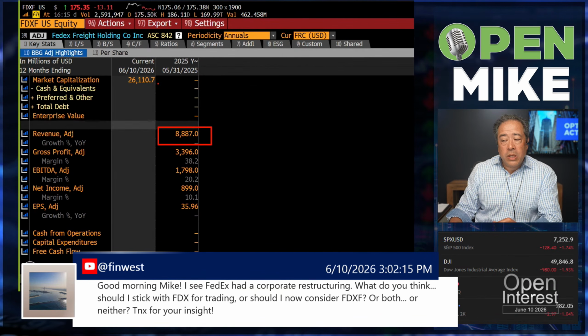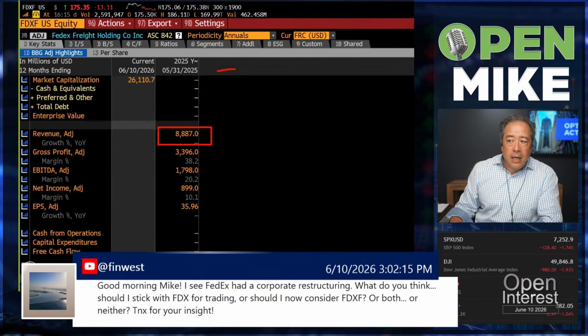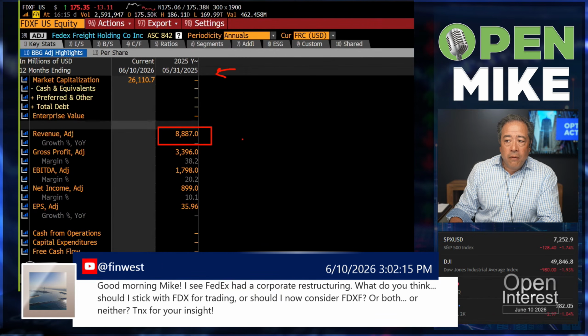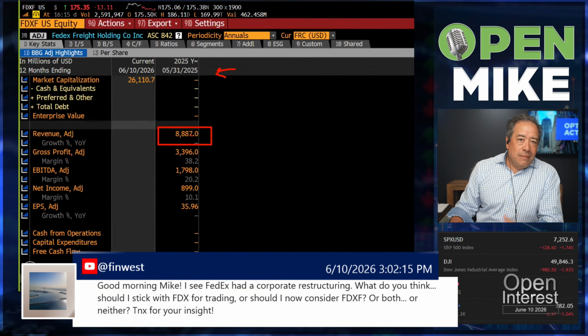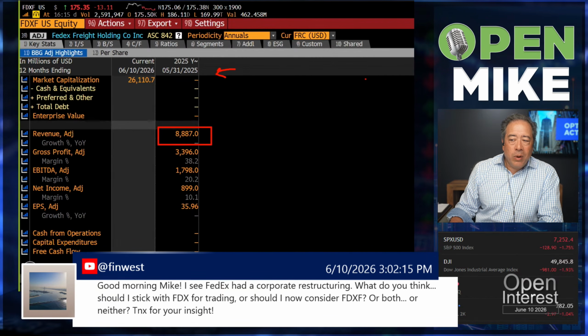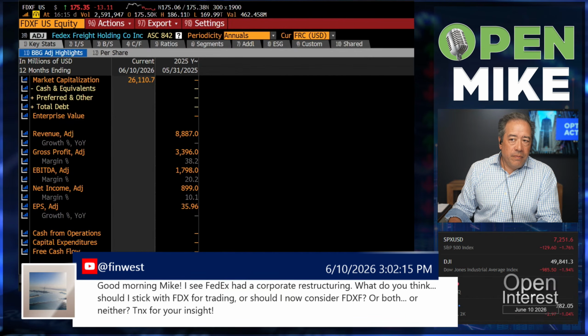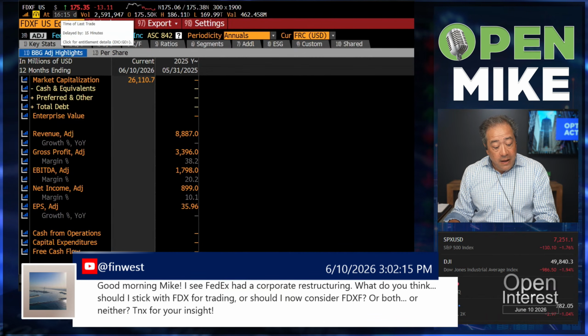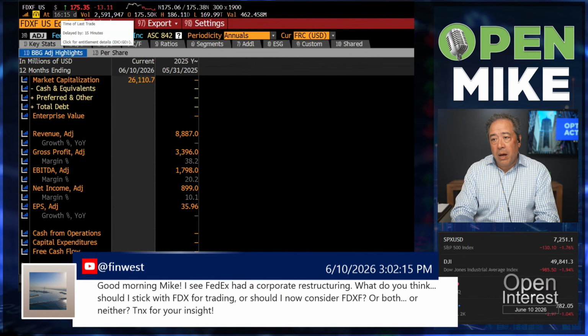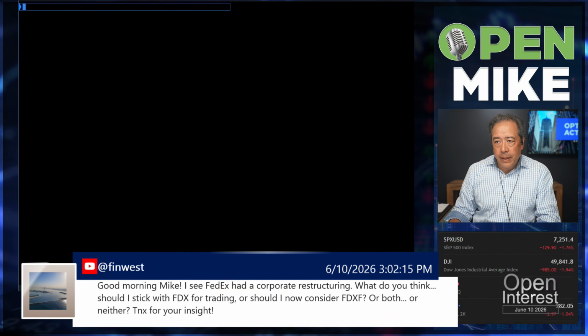So effectively what we're saying is, for the period ended May 25, 8.887 billion, or 8.9 billion, give or take, in revenue would have been attributable to what we now know as FDXF, even though this has only been around for a handful of trading days.